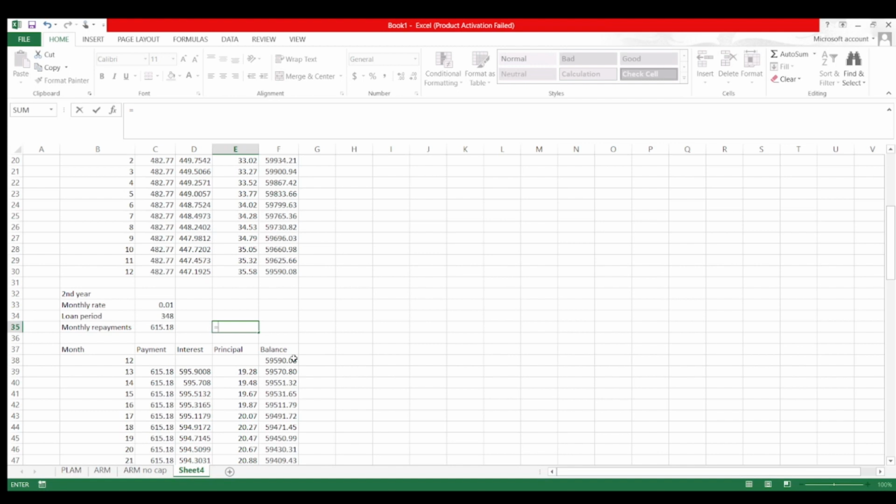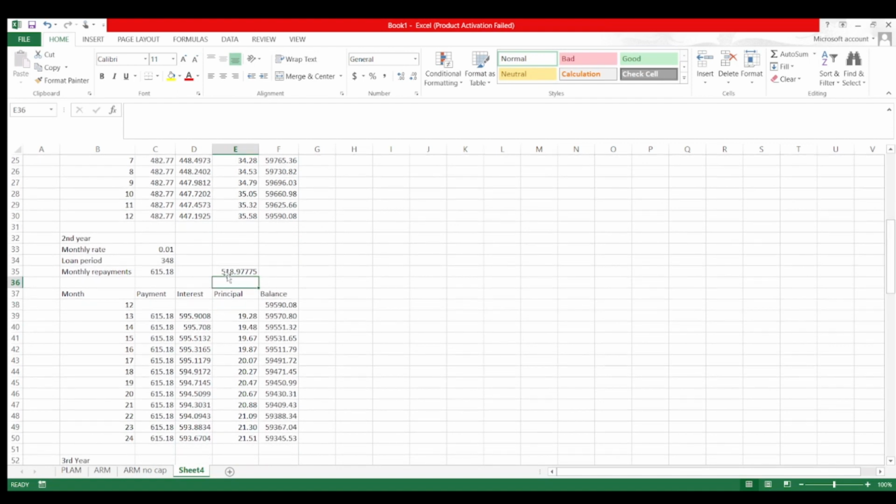Since the previous payment, which is 482.77, once we multiply it by 1.075, you realize that the increment should be limited to 518.977. So in such a scenario, this amount will be the one which will be paid during the monthly payments.